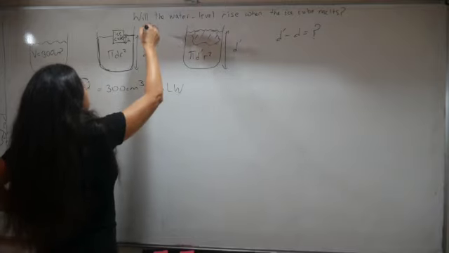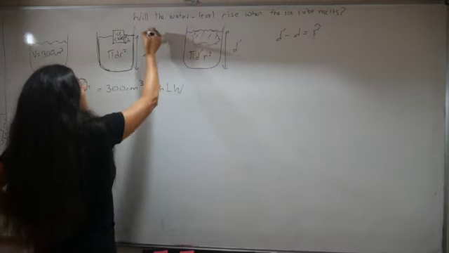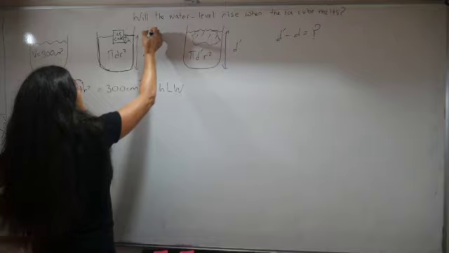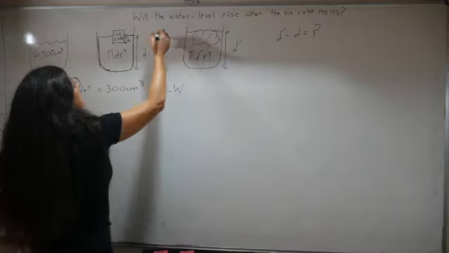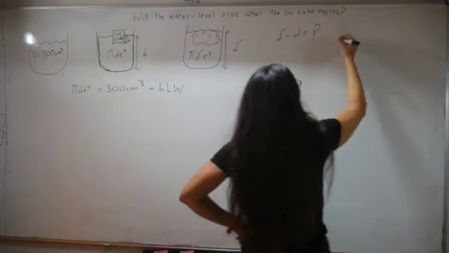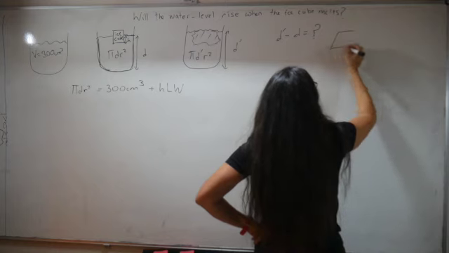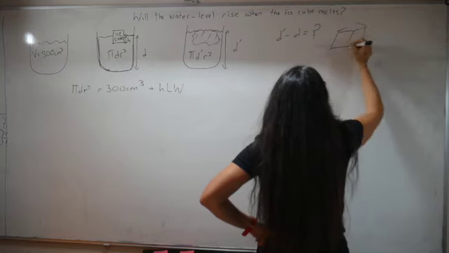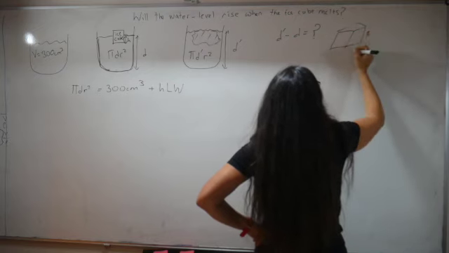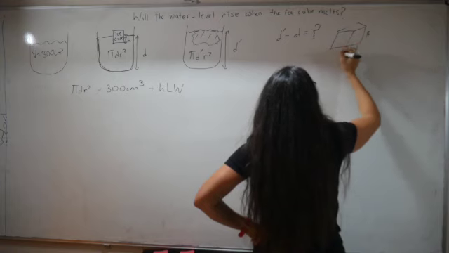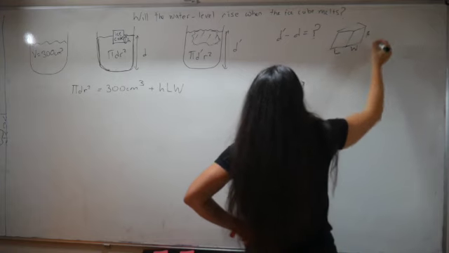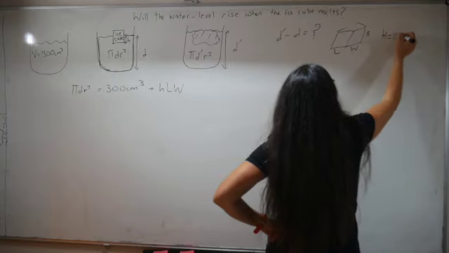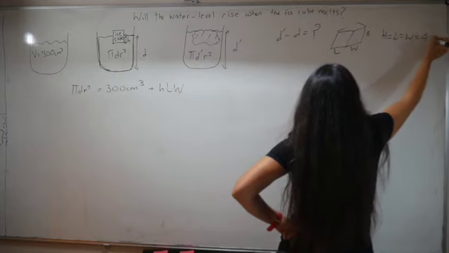Okay, so I should say that the ice cube has dimensions height, let's draw here. So you have H, height, and W and L. Okay, and let's say they are all the same, 4 centimeters.